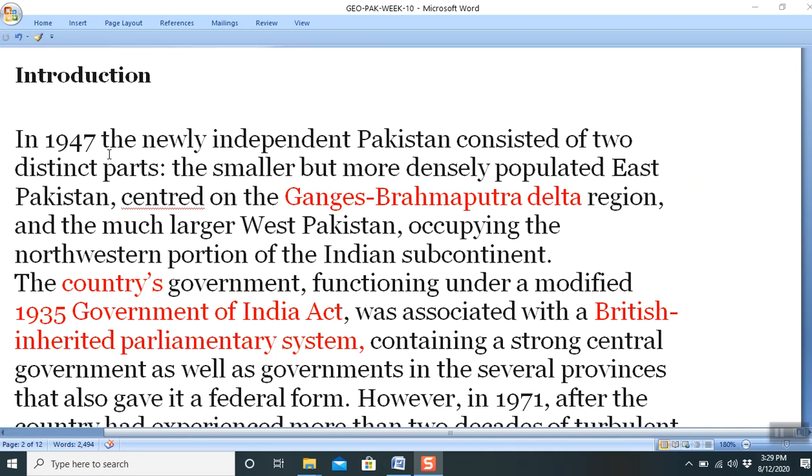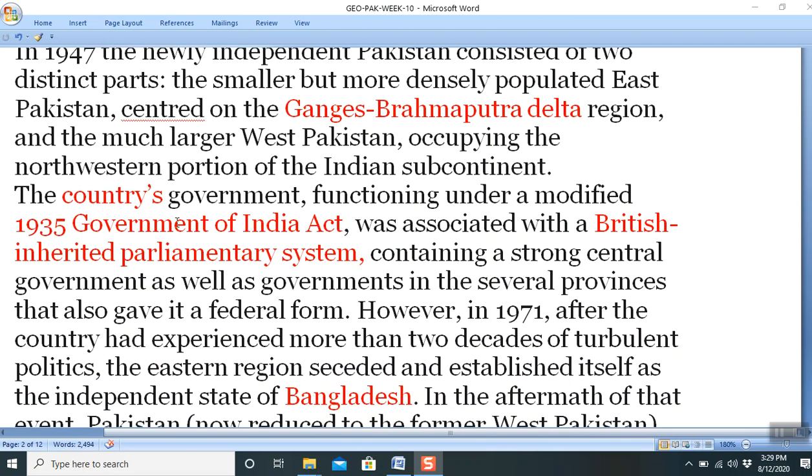In 1947, the newly independent Pakistan consisted of two distinct parts: the smaller but more densely populated East Pakistan, centered on the Ganges-Brahmaputra Delta region, and the much larger West Pakistan, occupying the northwestern portion of the subcontinent.